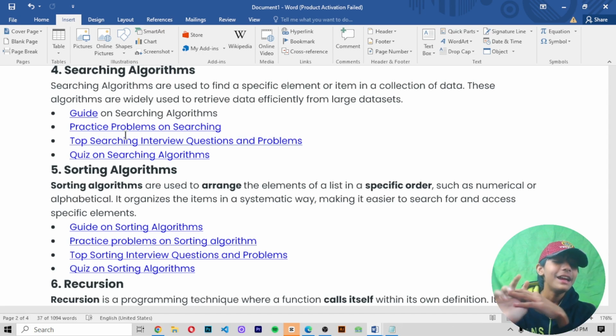They organize the items in a systematic way, making it easier to search for and access specific elements. This is the work of sorting algorithms. In the future I will make a detailed video on sorting algorithms, and we will also do practice problems, sorting interview questions and problems, and a quiz on it.